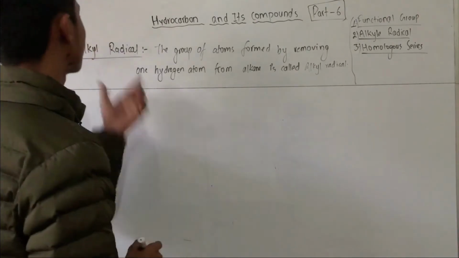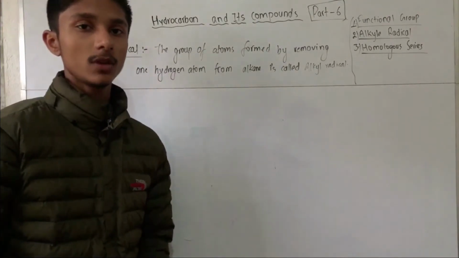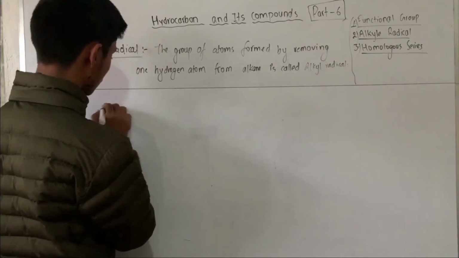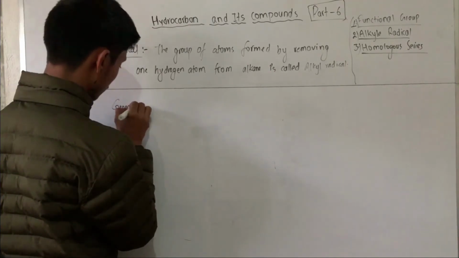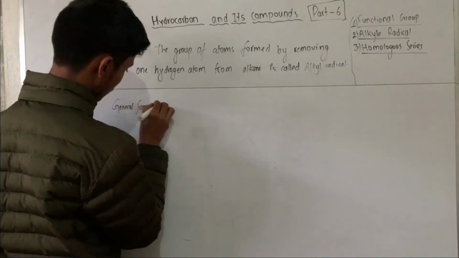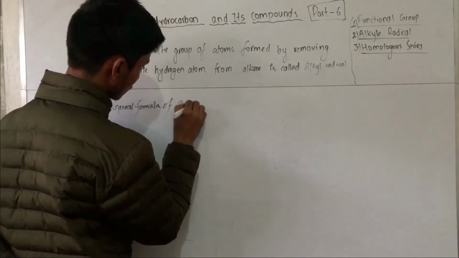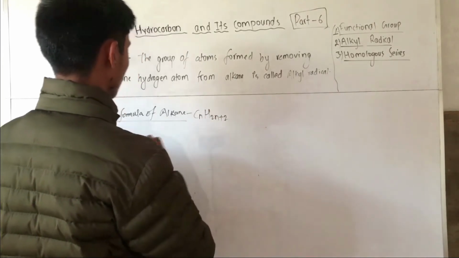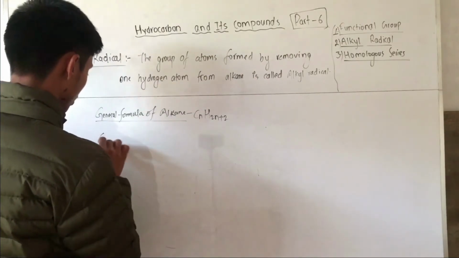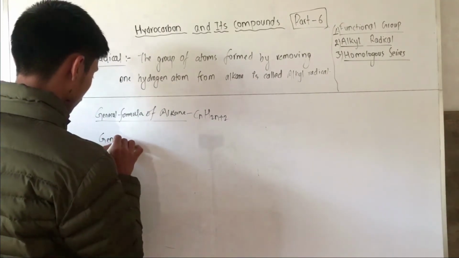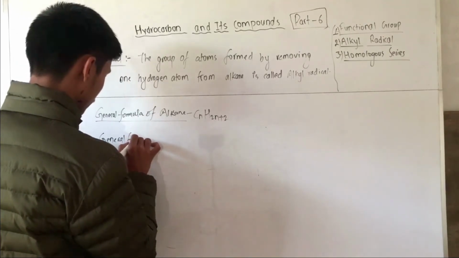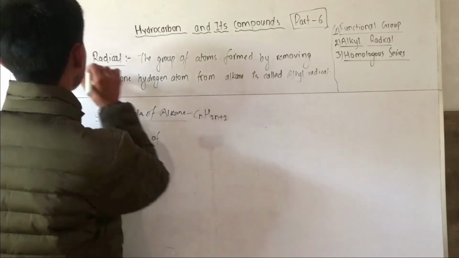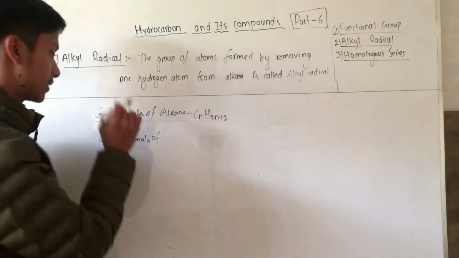And we know the general formula of alkane. Tell me, what is the general formula of alkane? CnH2n+2. And here we write the general formula of alkyl.